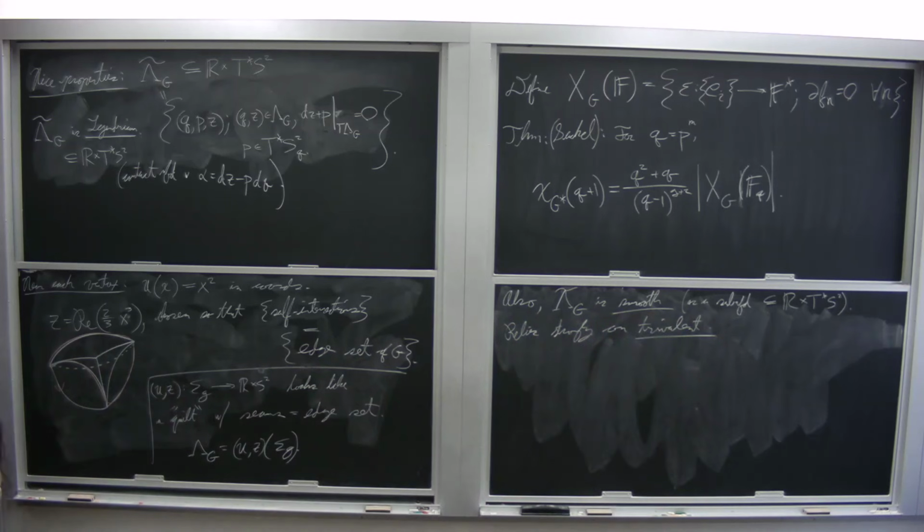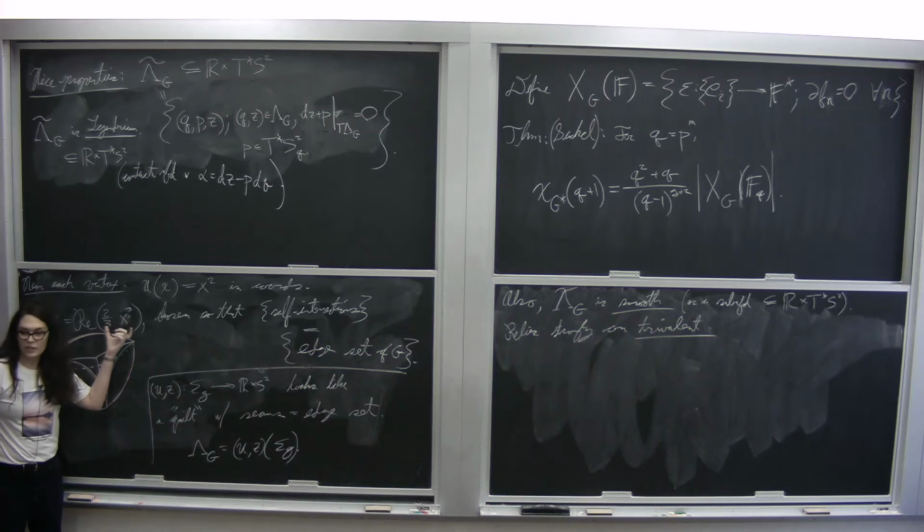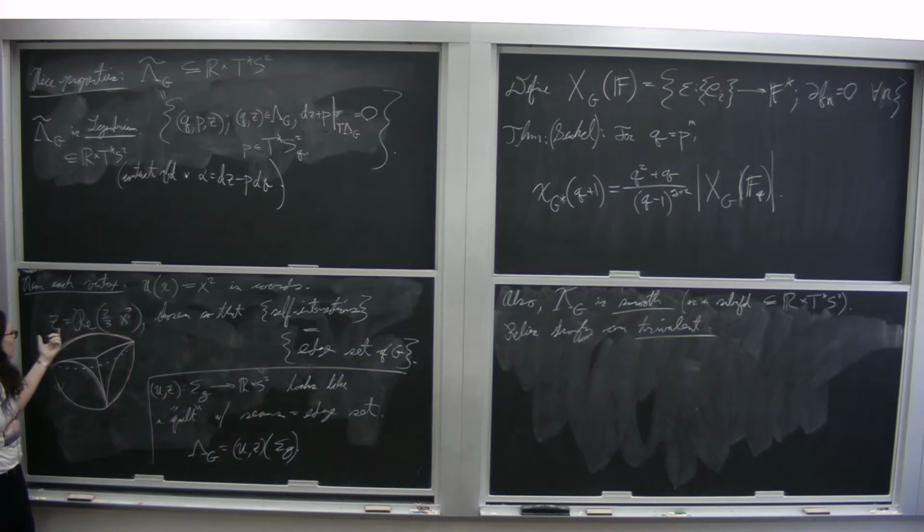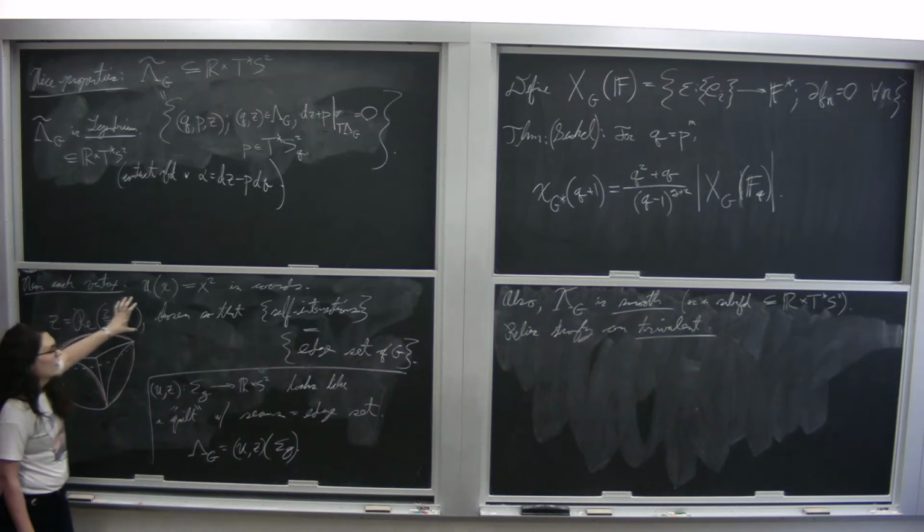Basically because choosing x cubed is the sort of next order non-degenerate term. And so this is going to be cut out transversely when you're taking this primitive.